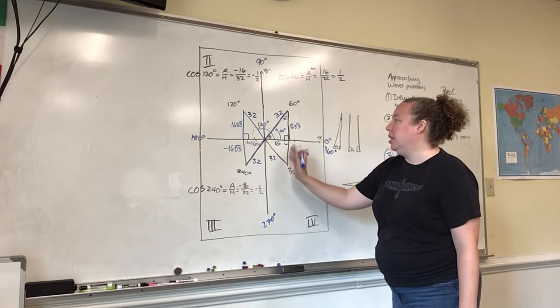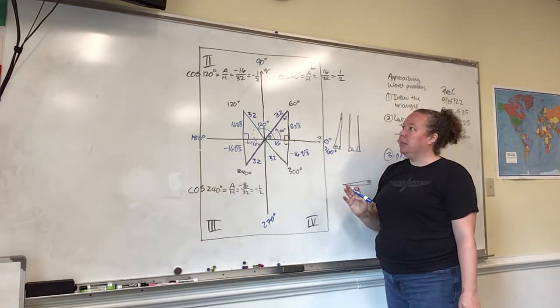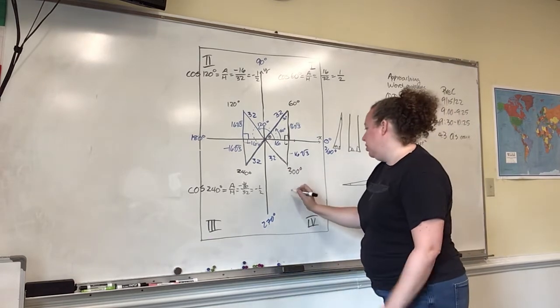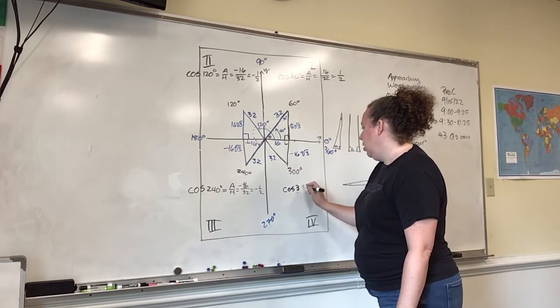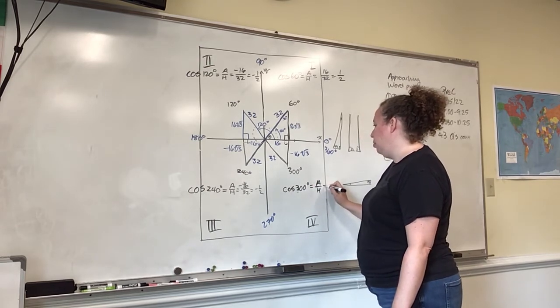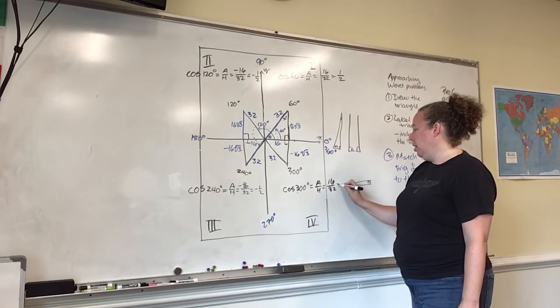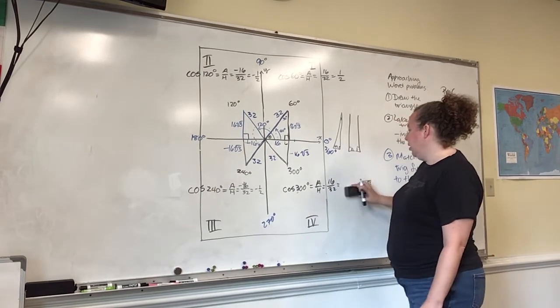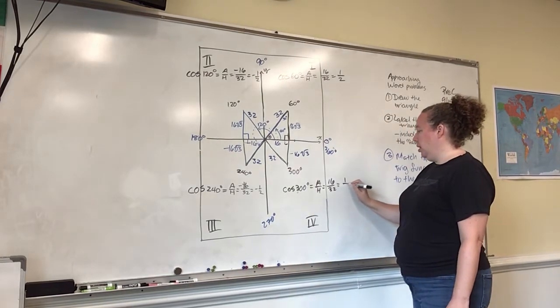So we can think of it as being the exact same hypotenuse that's just rotating around. And so here we can see the cosine of 300 degrees, adjacent over hypotenuse. Here we've got 16 over 32, and we are back to the cosine being equal to 1/2.